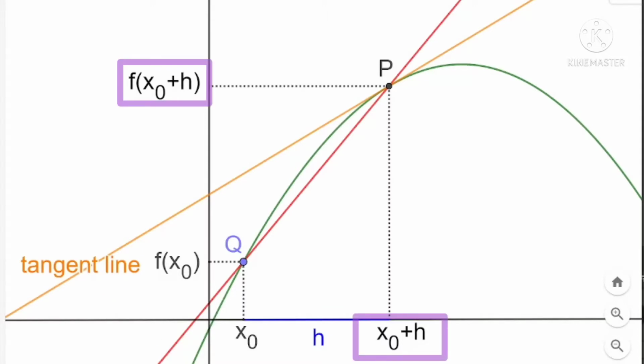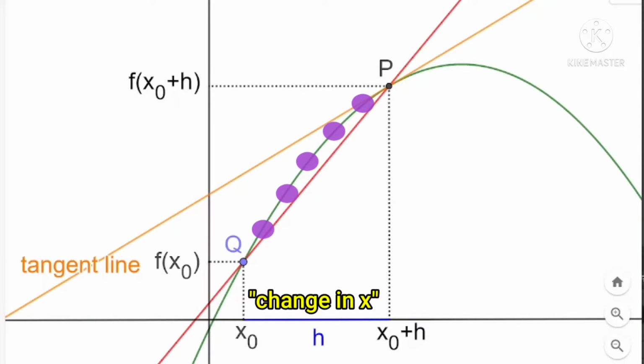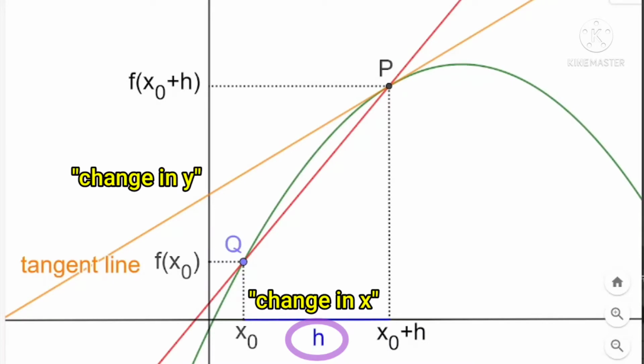These are the coordinates of P. These are of Q. Later, we will let Q approach P and we will observe what happens to the change in x, which is this h value here. We also earmark the change in y, which is the difference between the y coordinates of P and Q. We're now letting Q move. Observe.